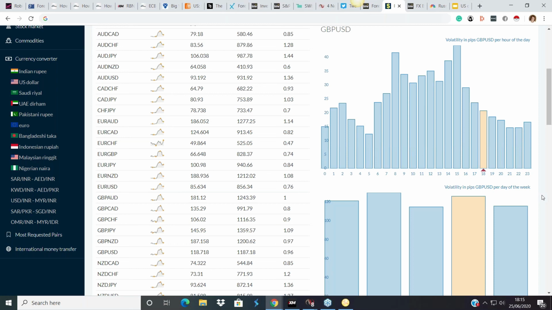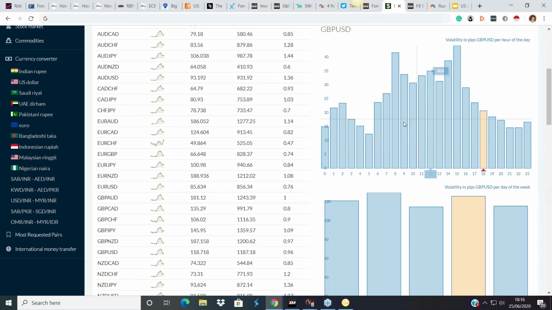VPA reveals the truth behind the price action. This then just contextualizes everything: am I looking at a busy period or a not busy period? If you are day trading, you have to be in front of your screen, but you can be a little bit more flexible about it, and it just takes away some of the stress.